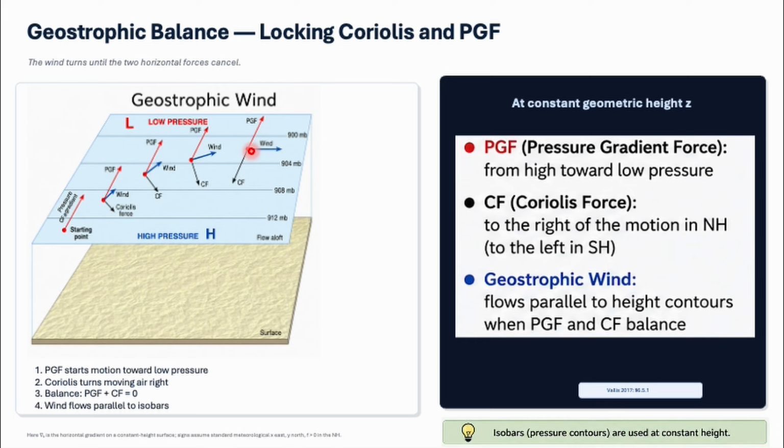At that moment, there is no horizontal acceleration across isobars, which is really important, and the wind flows parallel to the isobars. In short, if low pressure is north and high pressure is south, the wind direction that balances the northward pressure gradient force is eastward.